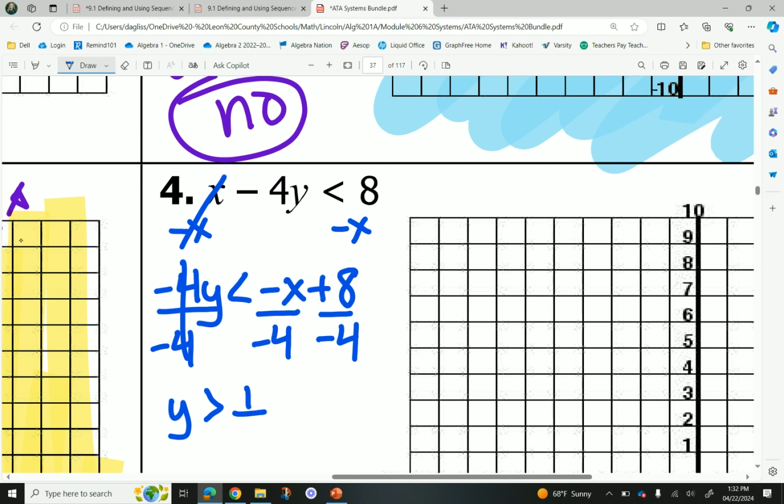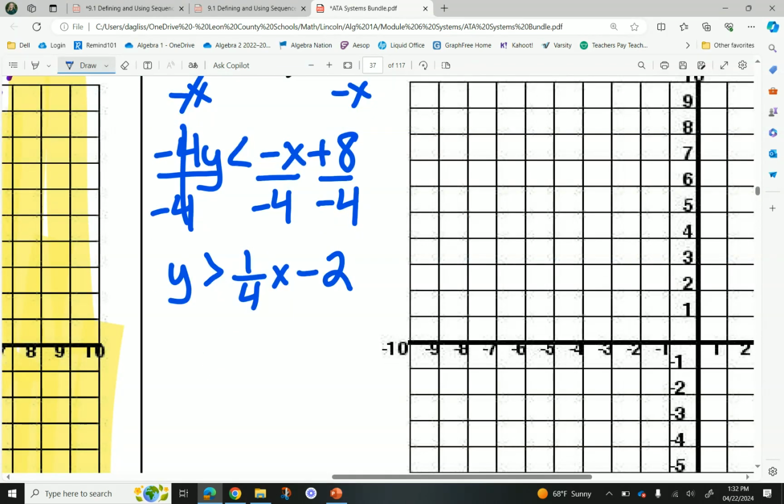This will be positive 1/4 x. 8 divided by negative 4 gives us negative 2. We divided by a negative, so that means that my sign flipped from less than to greater than.